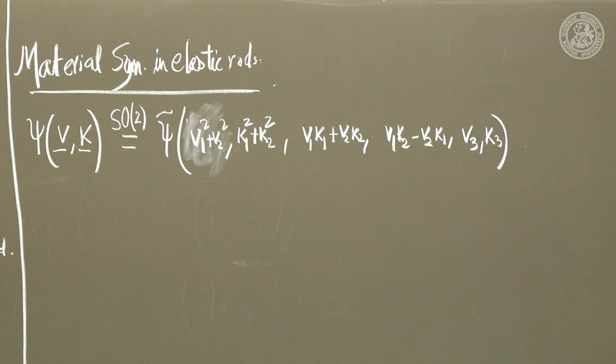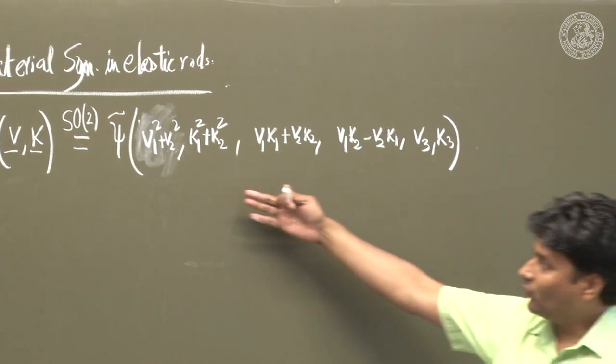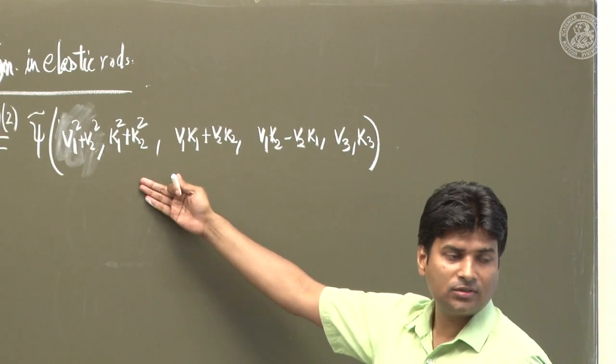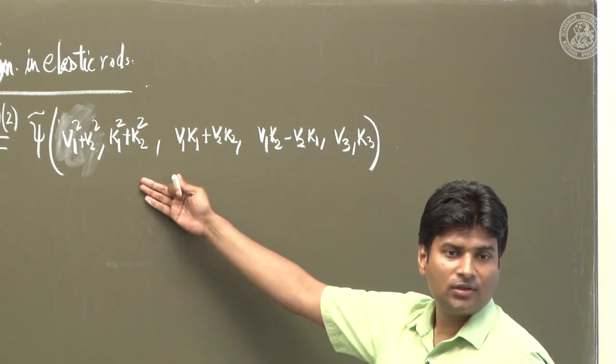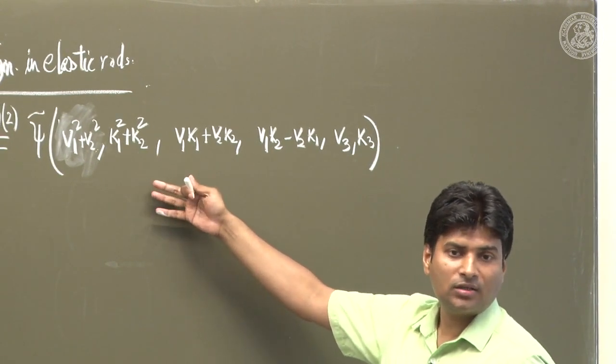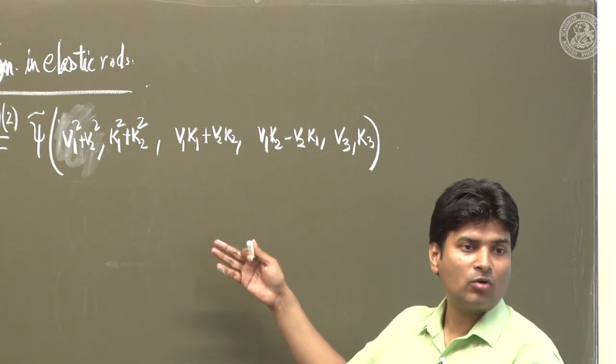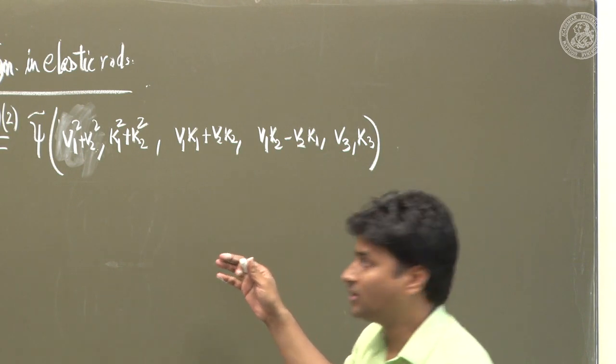Okay, and then what we did? We did the Taylor expansion of this function in terms of V and K, and obtained the most general form of the quadratic energy.